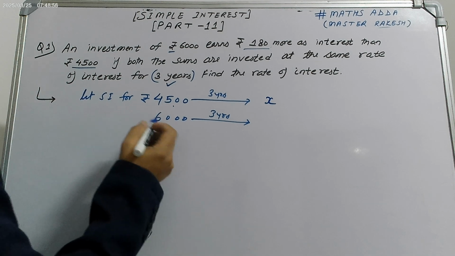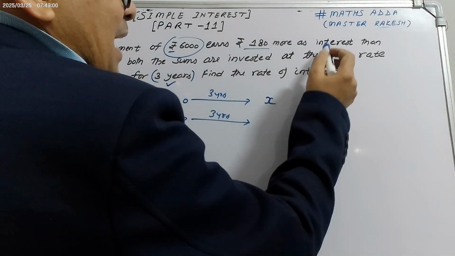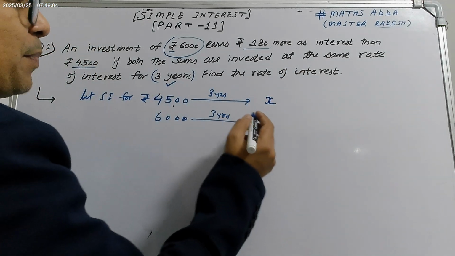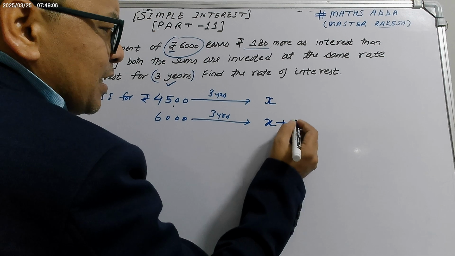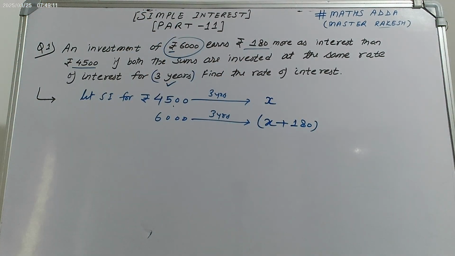So for 6,000 rupees earns 180 more as interest. So the SI for 6,000 will be x plus 180.